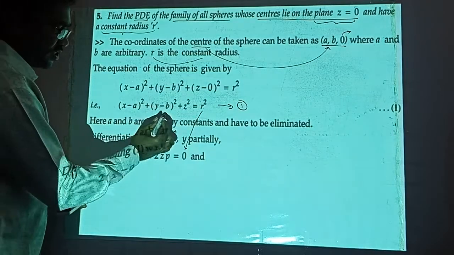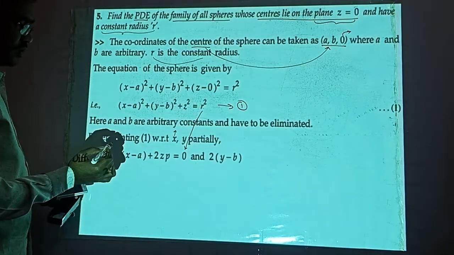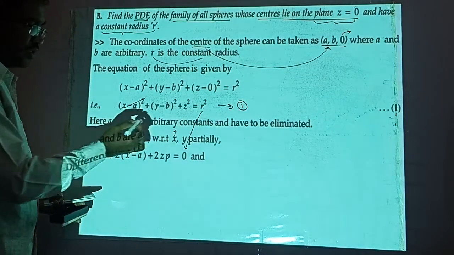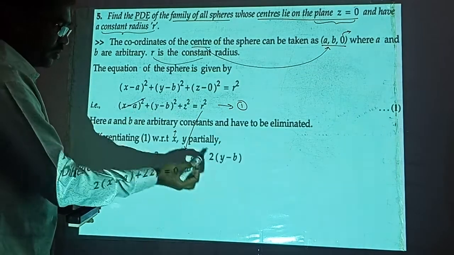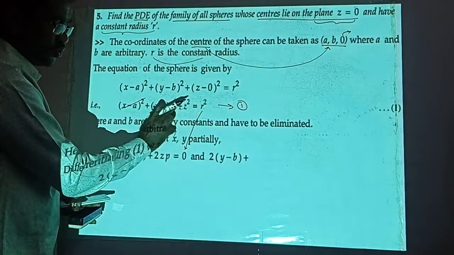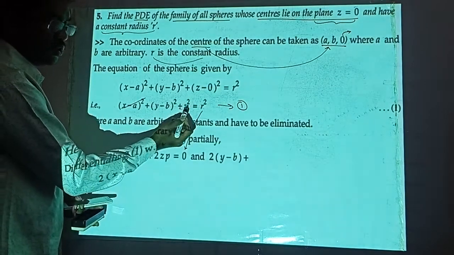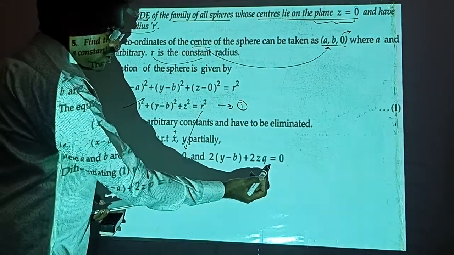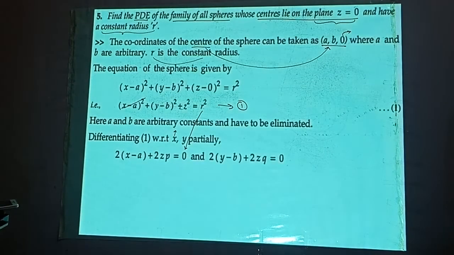Now let us differentiate with respect to y. The differentiation of the x term with respect to y is 0. Plus 2 into (y minus b), plus 2z into dou z by dou y, that is, 2zq, equal to 0.